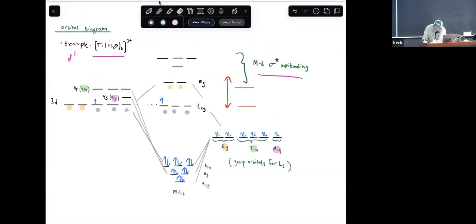And so look what happens, look what falls out of this. We have a frontier orbital picture that should hopefully look quite familiar.